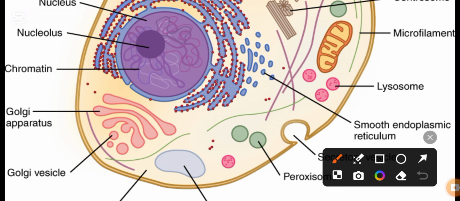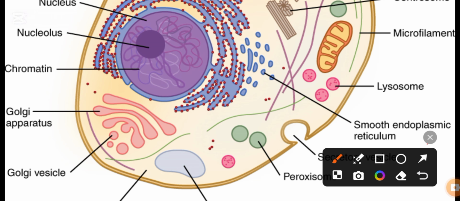Gluconeogenesis is producing glucose from non-glucose molecules or from non-carbohydrate molecules. So how does it perform this function? It has glucose 6-phosphatase in the smooth endoplasmic reticulum. This glucose 6-phosphatase removes the phosphate to form glucose.